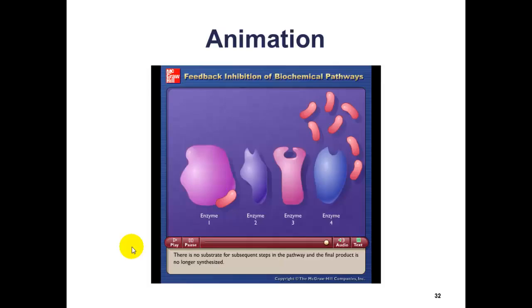So, say the end product turns this whole thing off. And then our body's like, well, actually, wait, I need more of this end product, and I want to turn this system back on. All that needs to happen is that this gets released from the allosteric site. The active site will go back to normal, and the whole process will be turned back on.